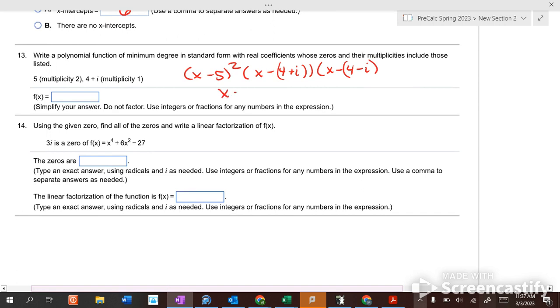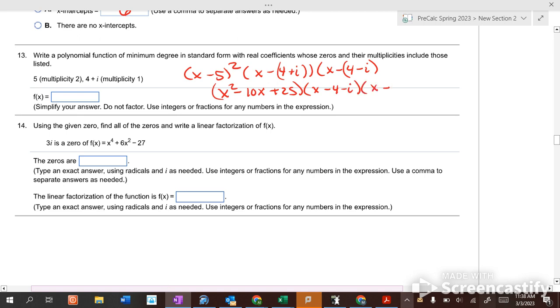So it's x squared minus 10x plus 25 times x minus 4 minus i times x minus 4 plus i.